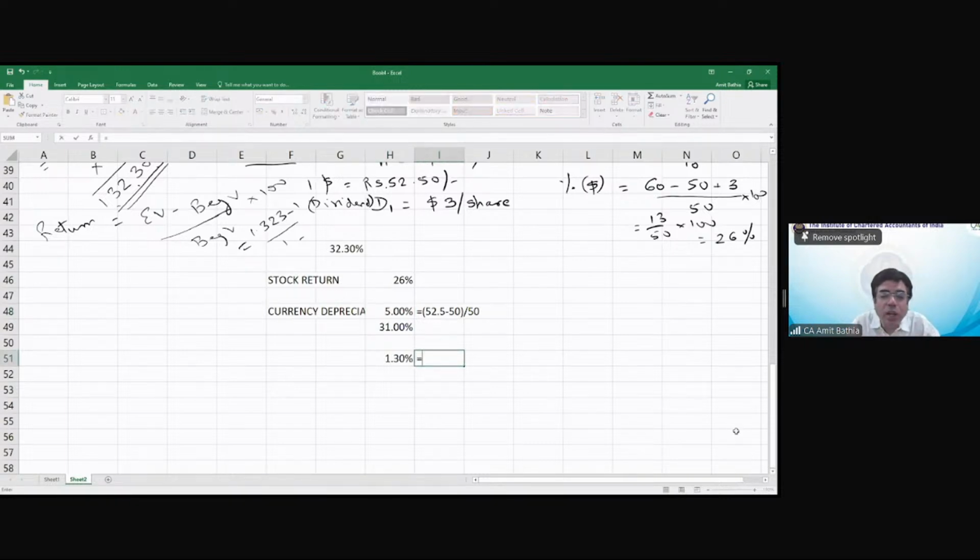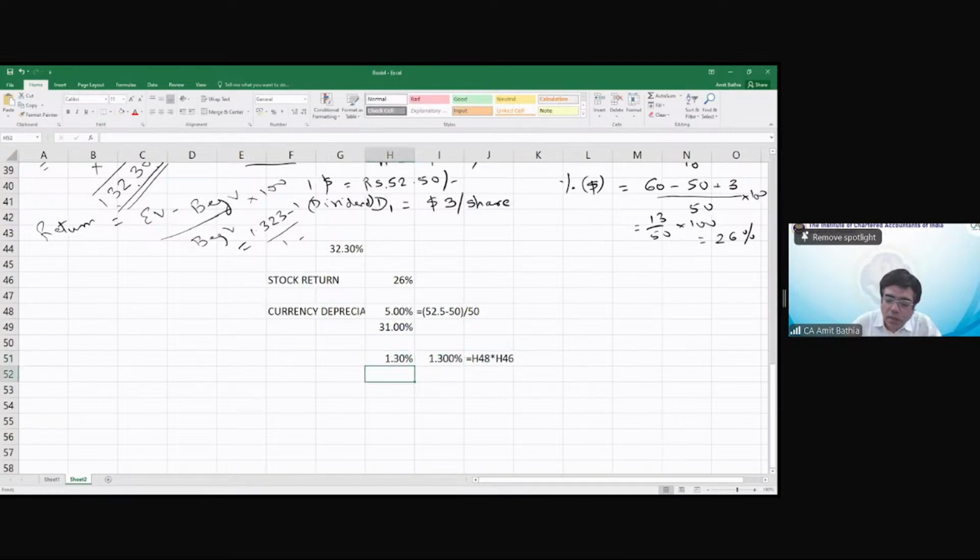This is called factor on factor, right? Mathematically, you say factor on factor. What does factor on factor mean? Let me complete this. Say, for example, 5% of 26%, that is 5% into 26%. Because of that I got 1.30%.